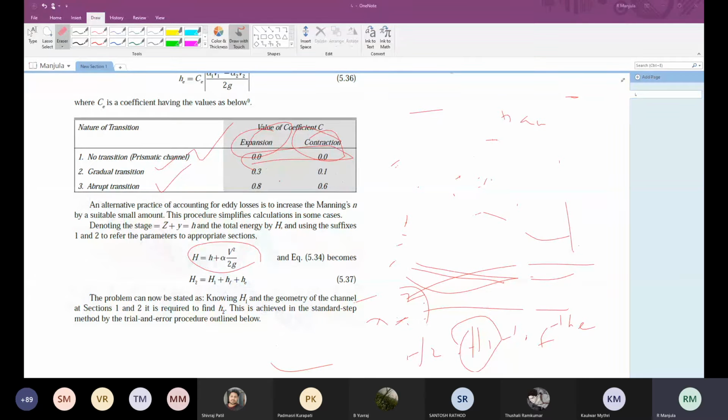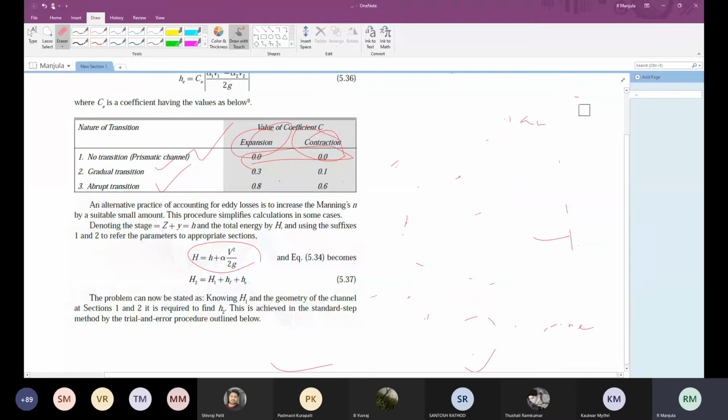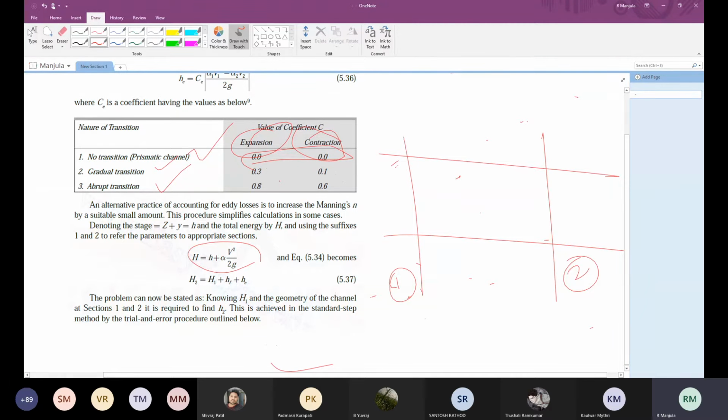Here you can state the problem like this. Consider two adjacent sections, section 1 and section 2.